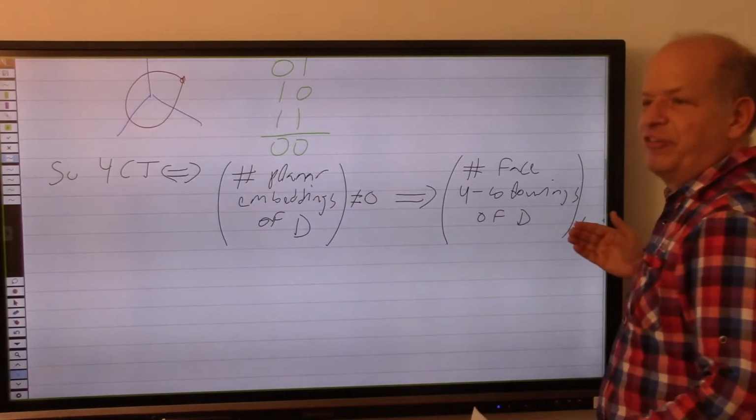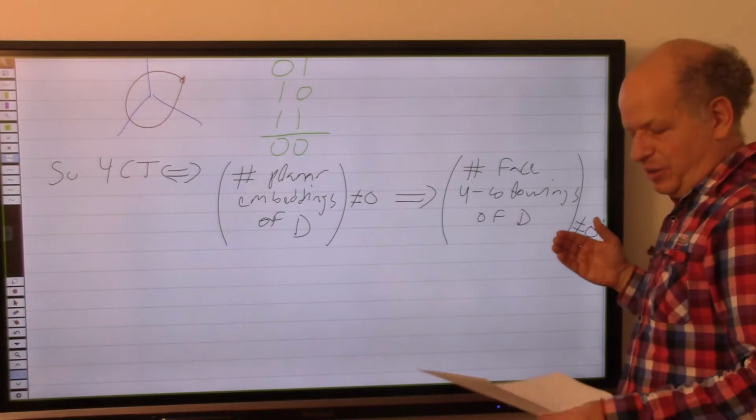This is clearly equivalent to the 4-color theorem, right?